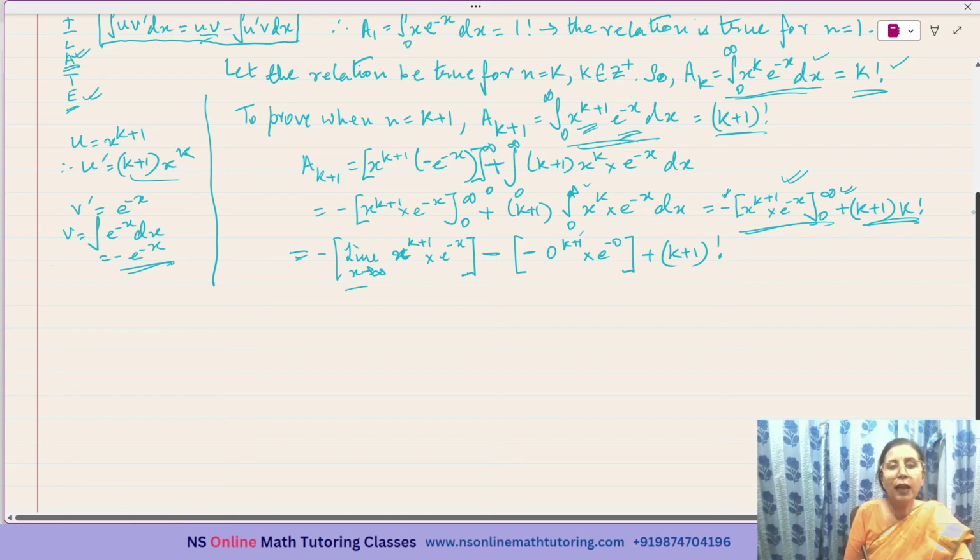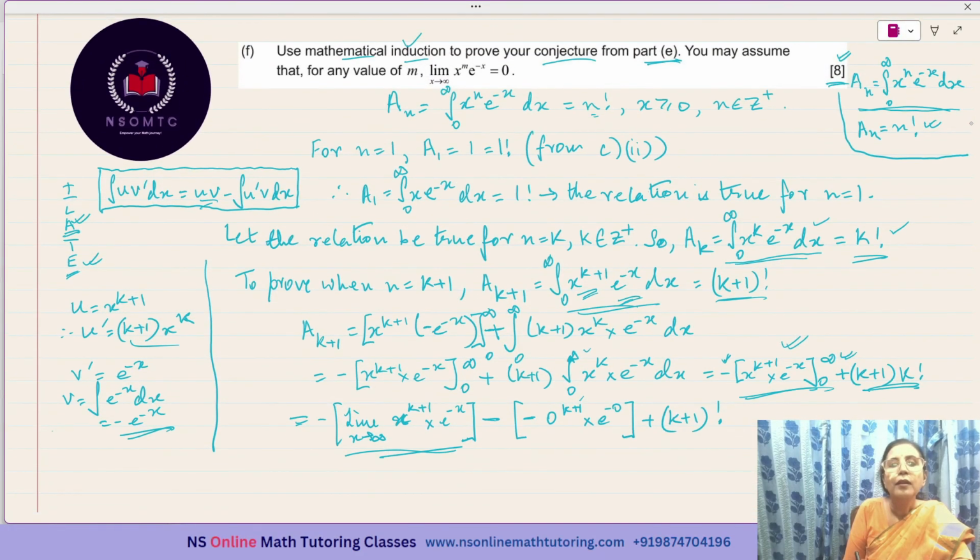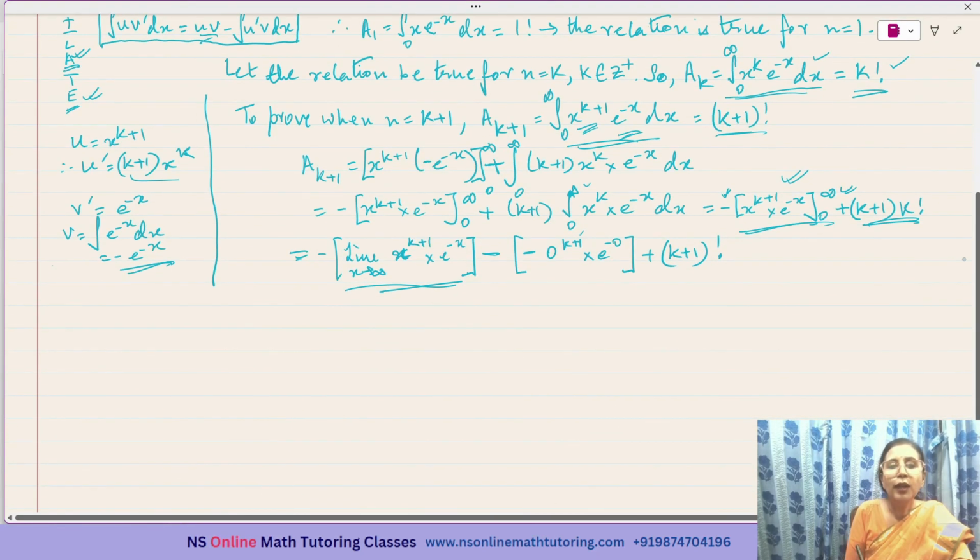Now this one is equal to 0 because it is given. See, for any value m, m can be any number, limit x tends to infinity of x to the power of m times e to the power of negative x is 0. Okay. So m can be k plus 1.